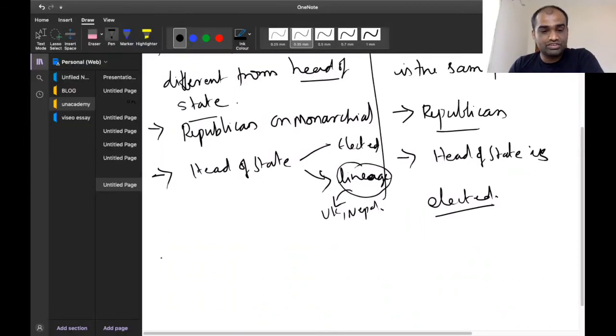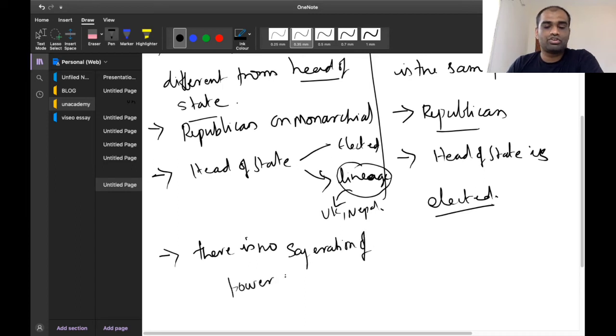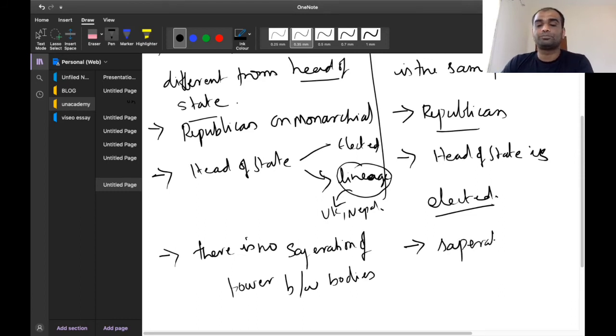Now, another crucial difference is that in the parliamentary form of government, there is no separation of power between the executive, the legislature and the judiciary, because all these three organs come out of parliament. But in the presidential form of government, there is separation of power. Clear?